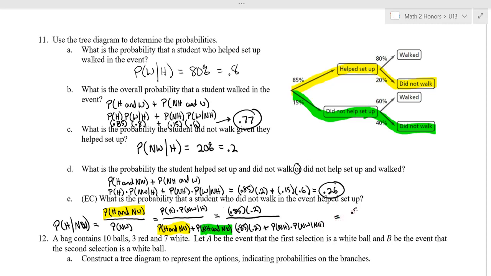Alright, keep going. 0.85 times 0.2 over 0.85 times 0.2 plus, alright, probability of not helping is 0.15, and probability of not walking given that you did not help is 0.4. And now it's calculator time. But make sure you multiply and add up everything in the denominator first before anything else. Okay?